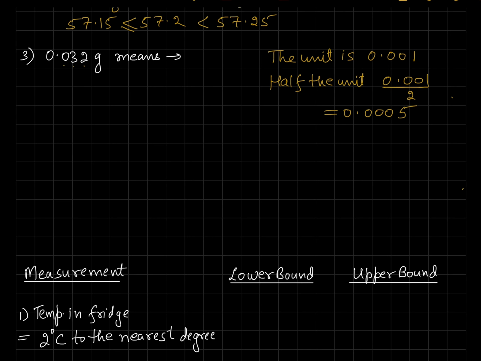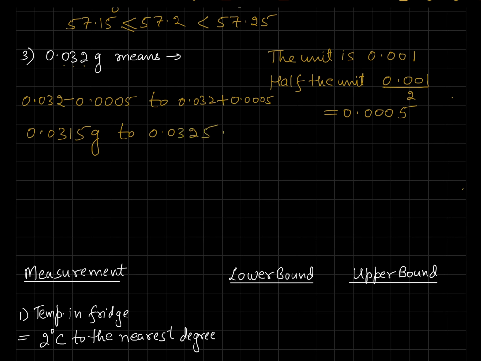So 0.032 gram means that the actual mass can vary from 0.032 minus 0.0005 to 0.032 plus 0.0005, which means this can be 0.0315 grams to 0.0325 grams, right?